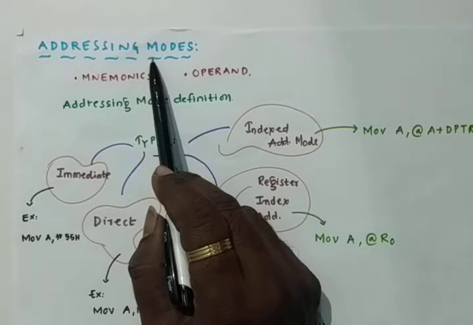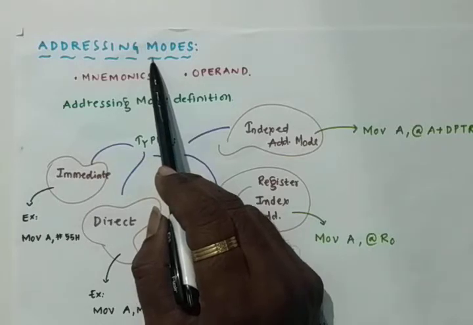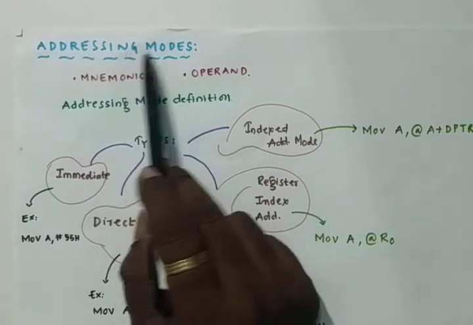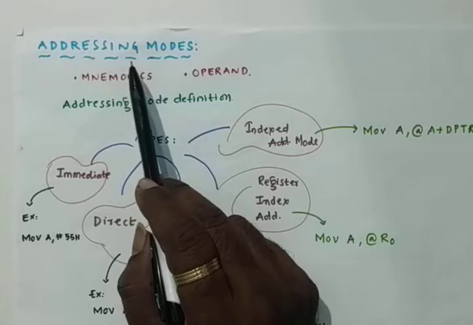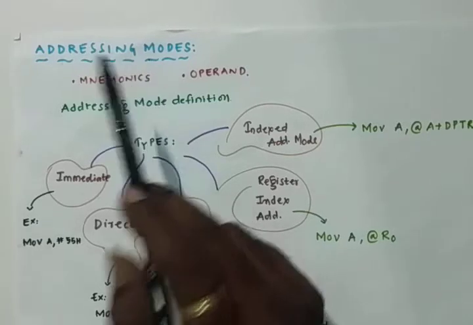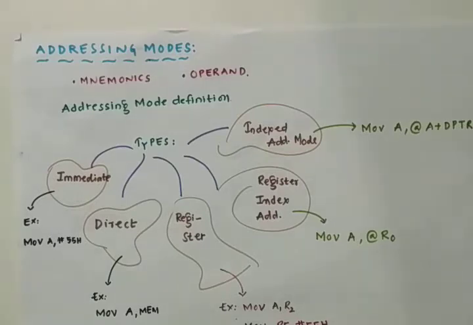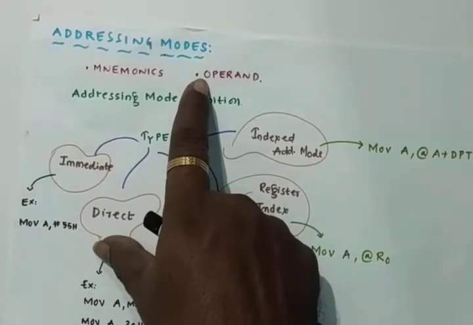Addressing mode is nothing but the way in which the data or instructions are fetched by the 8051. In addressing modes, we will go through some set of instructions, which is a program, it is code only. In the instruction structure we will have the mnemonic and operand.